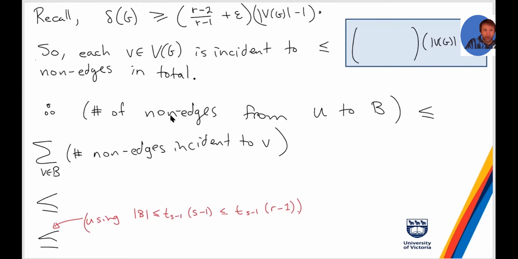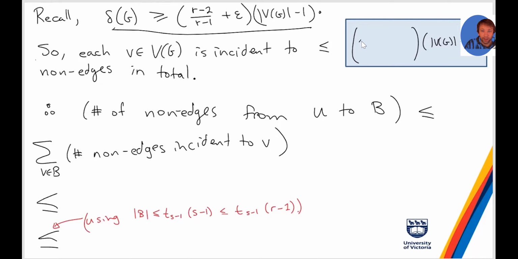Okay, so I said I was going to double count things. So here's the other way of counting. Remember, we haven't even used anything about the minimum degree, but the minimum degree in G is at least this quantity here from the hypotheses.